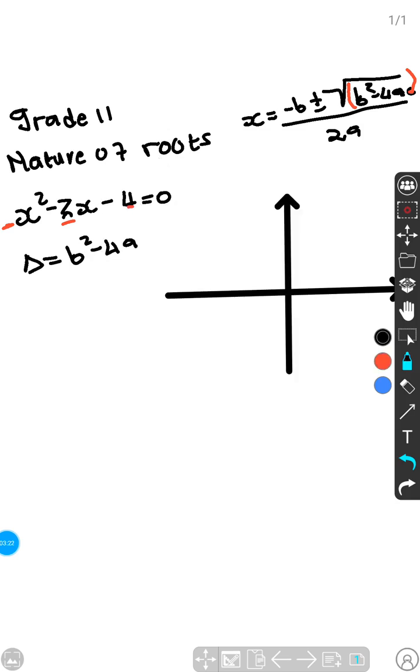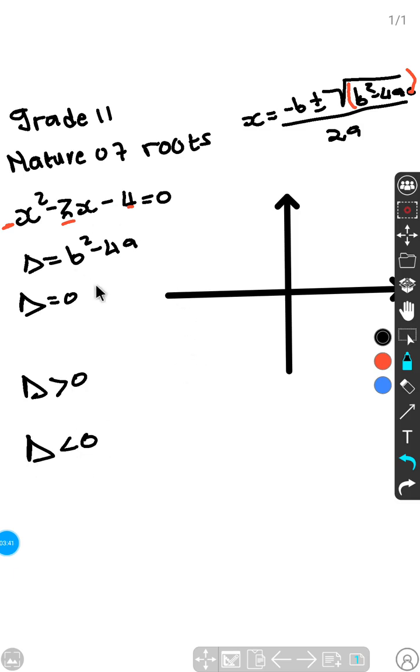So there are 3 different answers that we can get. If you substitute the values here, you might find that the discriminant is equal to 0, or the discriminant is greater than 0, or the discriminant is less than 0.